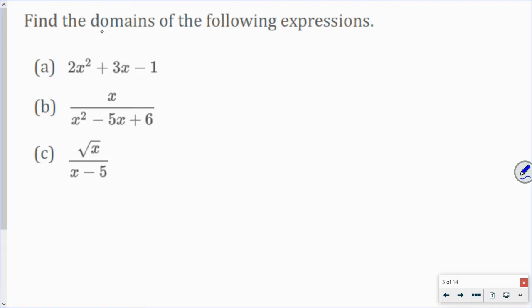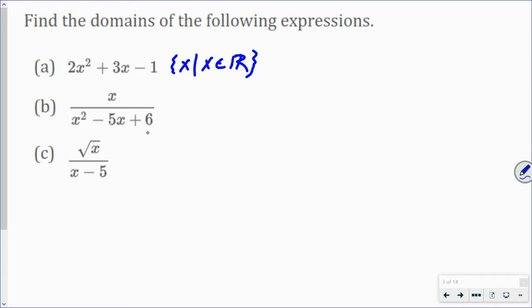So when it says find the domains of the following expressions, here x can be anything. So if we do set builder or set notation, we'd say x such that x is an element of the reals. It can be any real number. And I'm not quite sure how the author of the book wants it, but that's how we can write it.